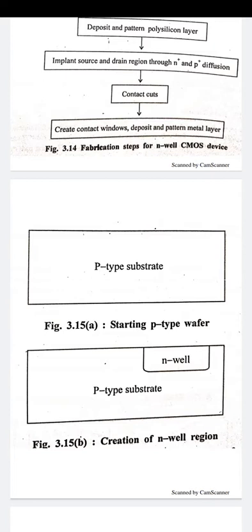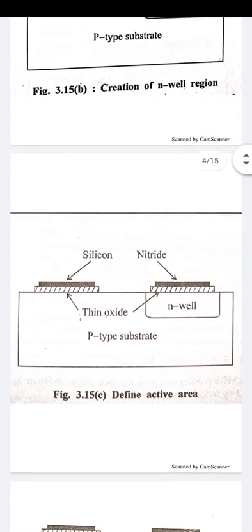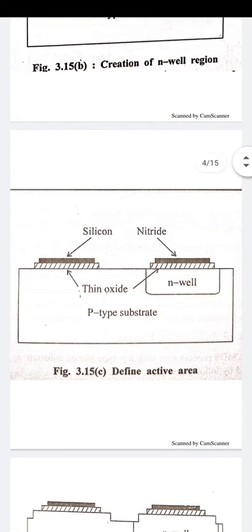We use the silicon nitride over a thin layer of thermal oxide for relieving the mechanical stress. Here I will show the process of the silicon nitride for reducing the mechanical stress over the thin oxide of SiO2.